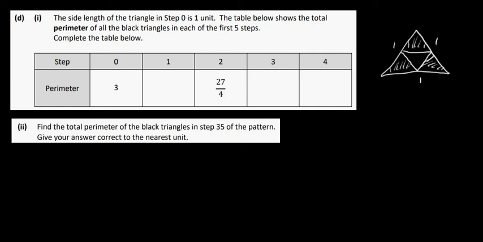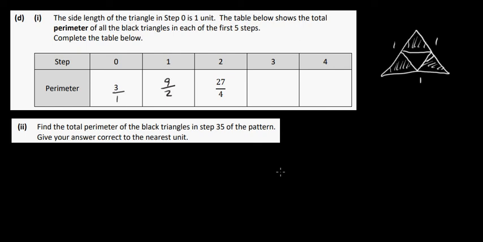So 4.5, we'll leave it as a fraction, 9 over 2. Here we've got 27 over 4. Now if you go to step 3 here, you can probably see the pattern. What we're actually doing here is multiplying by 3 over 2. This is 3 over 1 here. We're multiplying the top by 3 each time, and we're multiplying the bottom by 2 each time.